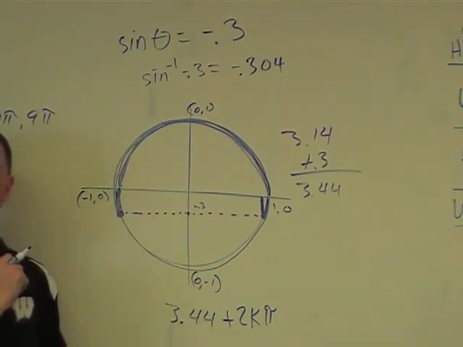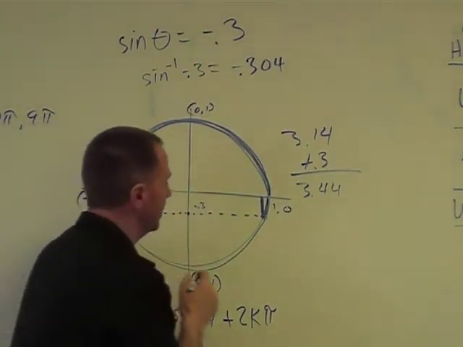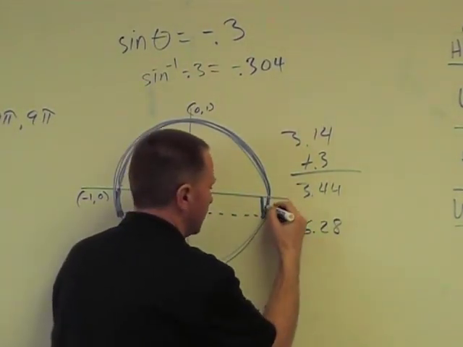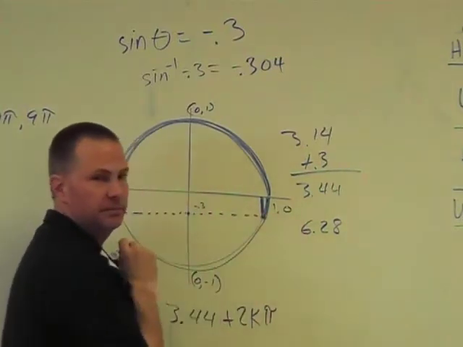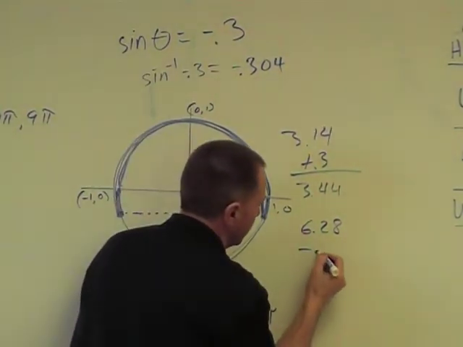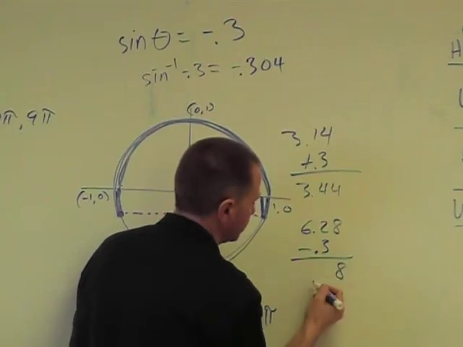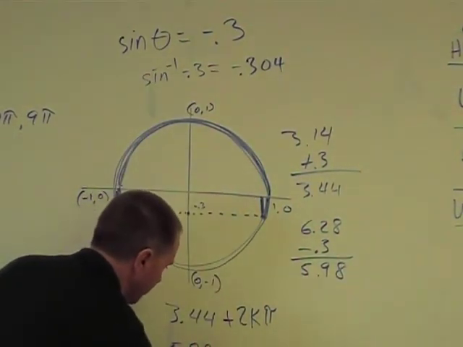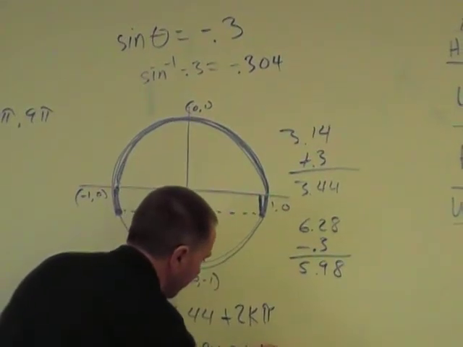Everybody follow? 2 times 3.14 is 6.28. So 6.28, well, don't I need to subtract this amount to get to this? So subtract 0.3. You get 5.98 plus 2k pi.